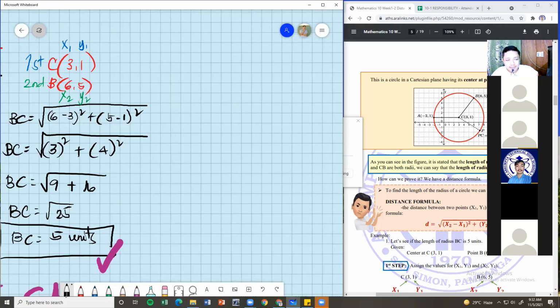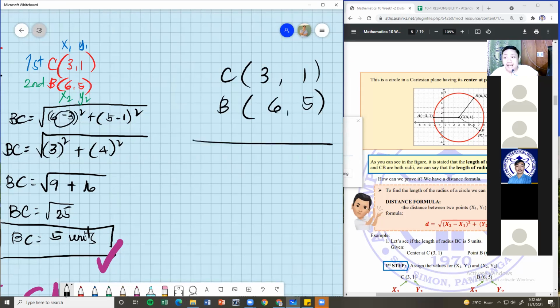Okay, so we have, ito na lang. Kung paano sinulat, ganun na siya. That is 3, 1. Parang susulat nyo lang siyang ganyan. B, this is 6, 5. Pang M-top level. This is what we will do. The operation in the middle is subtract.